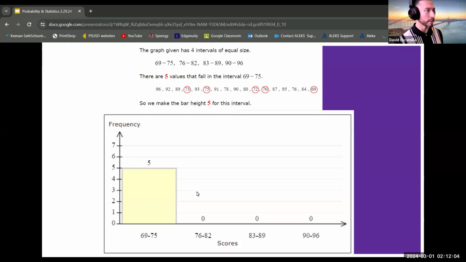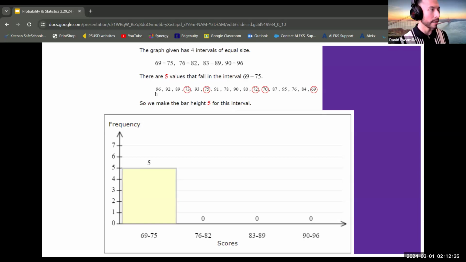We do have the interval from 69 to 75, and it's already given to us because all of this horizontal line is being given to us. So we have 4 intervals of equal size. We go ahead and review all those numbers that I read out loud that you put on your paper. And we realize that we have 5 values that fall in the interval 69 to 75.